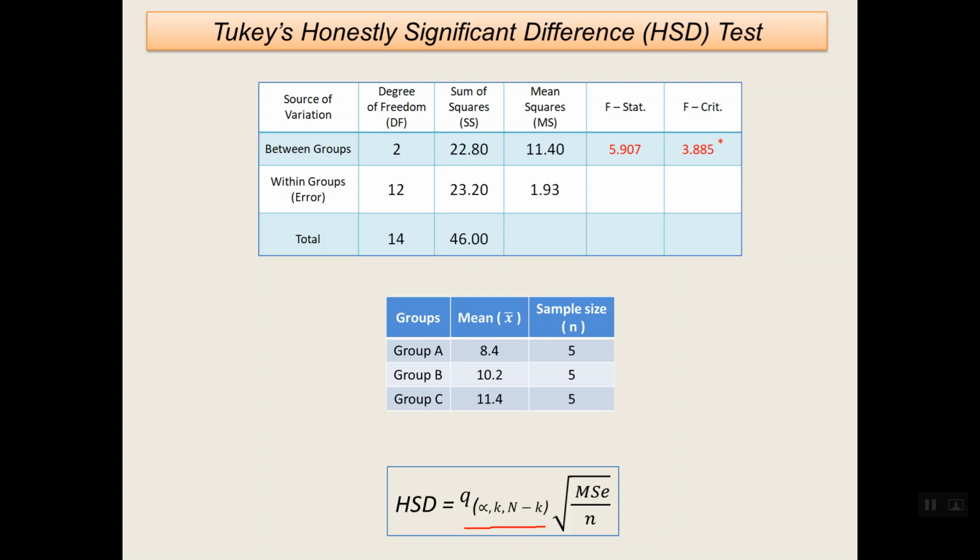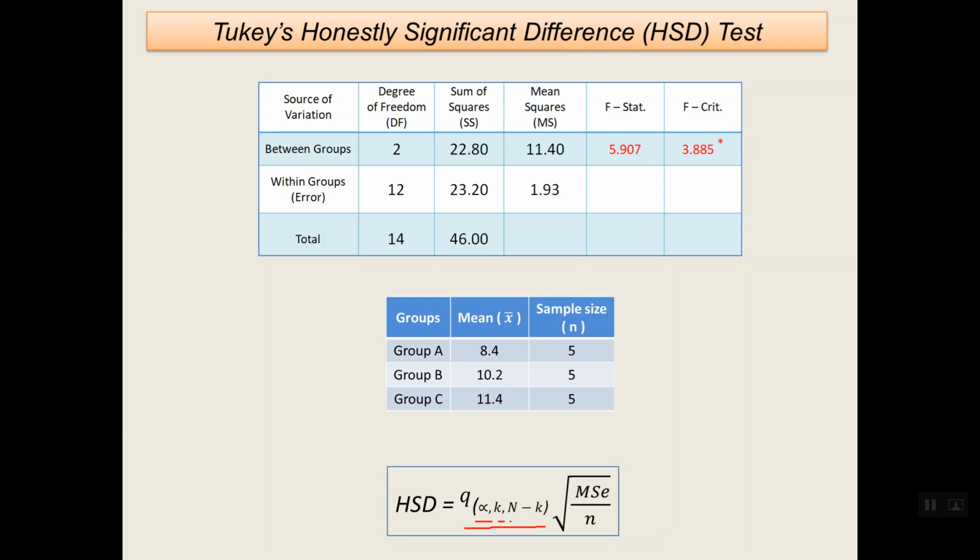And we need three things in order to determine this value of Q. We need the value of alpha, which is already known, it is 0.05 for our question. The second is the value of K, the level of the treatment, and in our question we have three groups, so K is equal to 3.